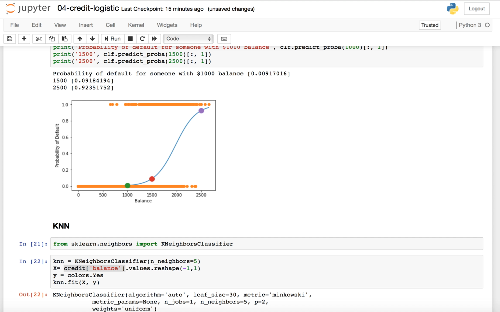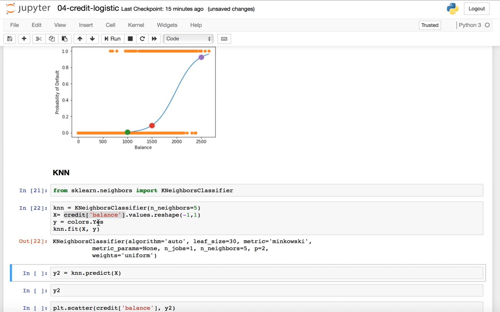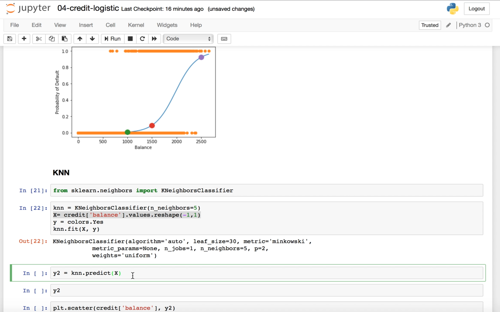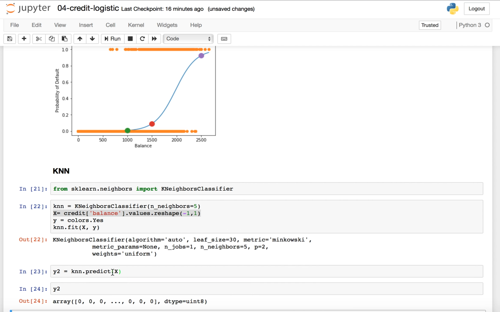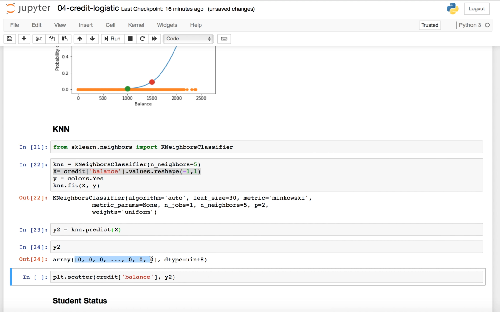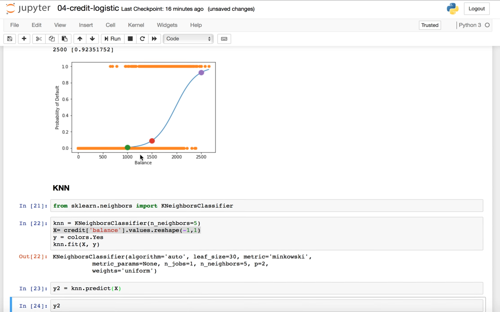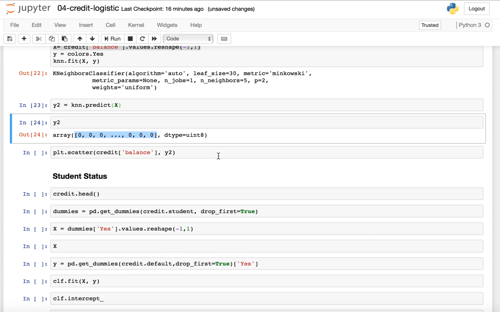By fitting a K-Nearest Neighbors model with n neighbors of 5, this is going to determine the class values of the 5 nearest neighbors of all of the input values. Then if I make predictions based on this, you see that I get class values back. But the way that these class values were determined was based on nearness to other points, as opposed to a likelihood of class inclusion, as we were doing with the logistic example.